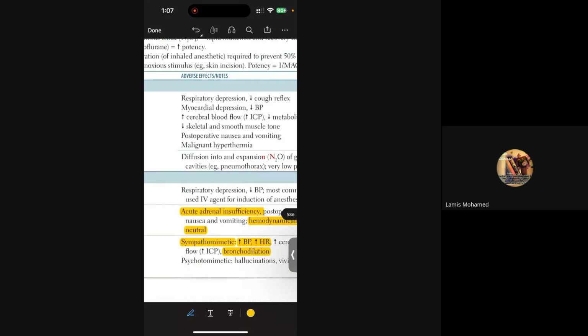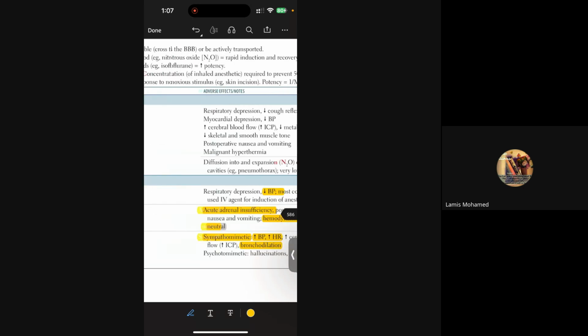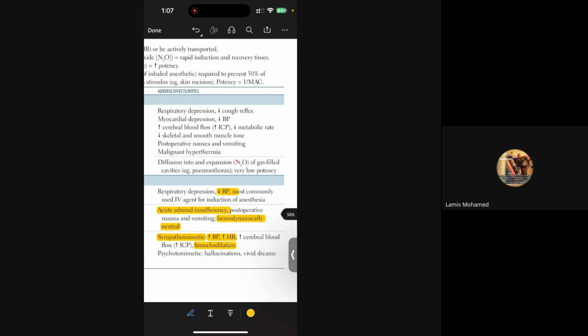Propofol decreases the blood pressure, and we know in this question that the patient is already hypotensive. So we should use a drug which is hemodynamically neutral.